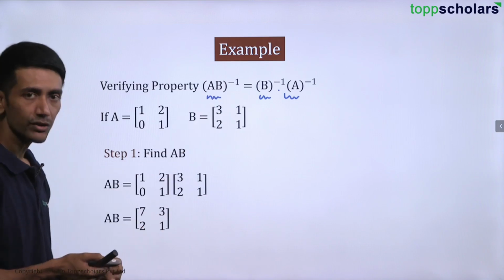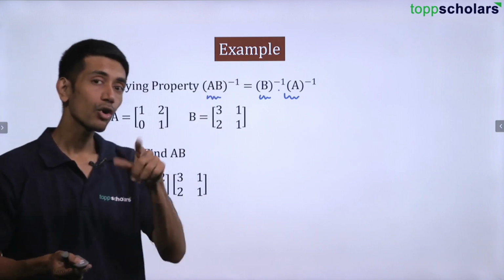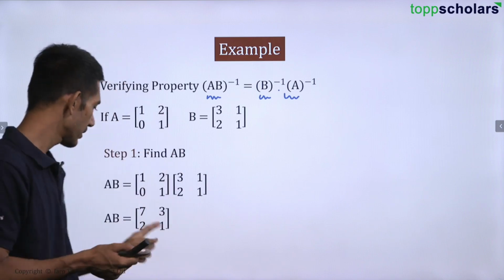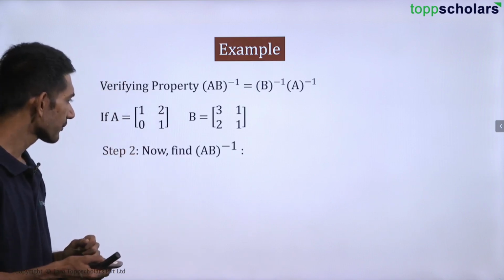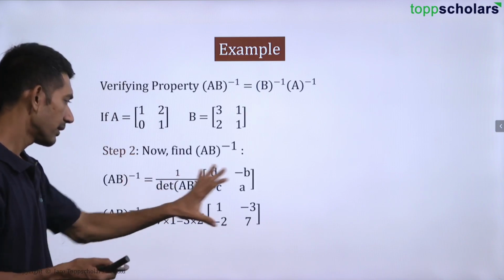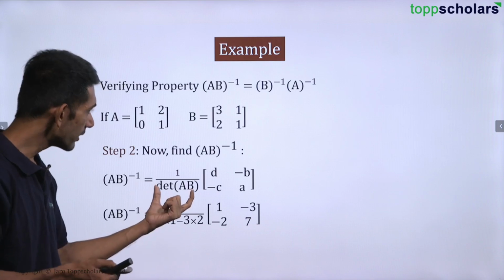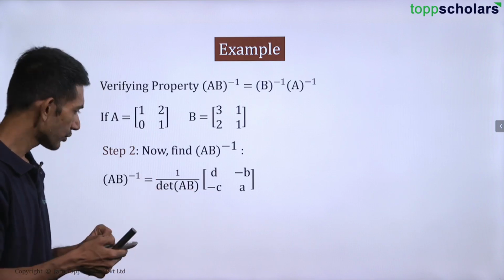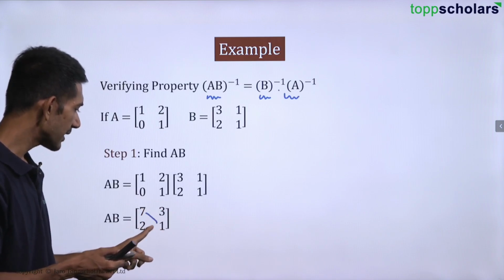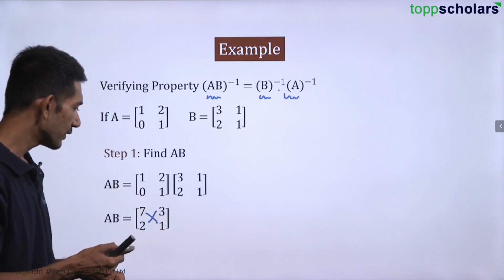Now we need to take the inverse. To take the inverse, what all do we need? We need the determinant. We need the adjoint. So let us take the determinant further. Determinant for AB. So if you see what was AB? AB was [7, 3, 2, 1]. So 7 multiplied by 1, 3 multiplied by 2, we'll subtract that.